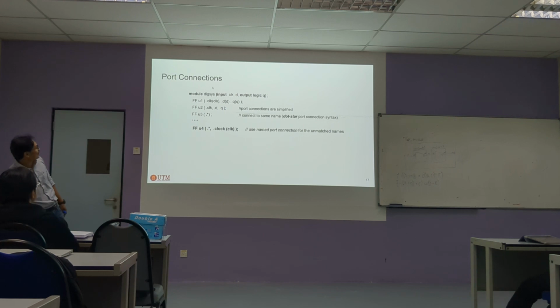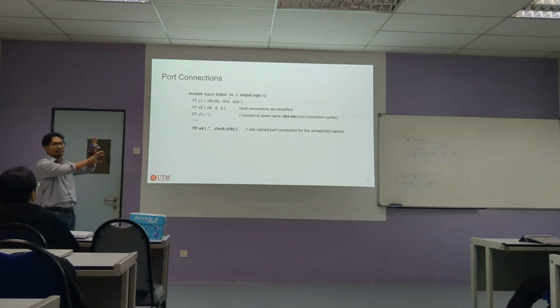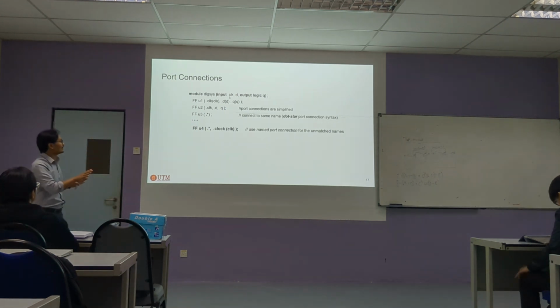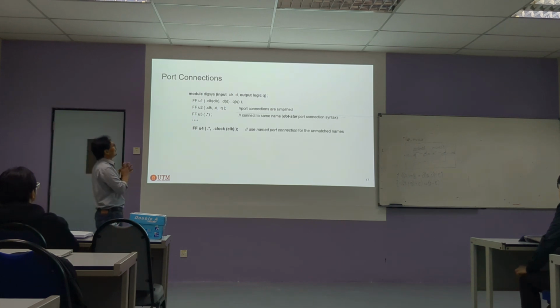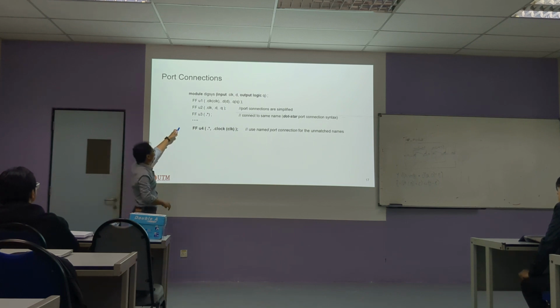So the name here is CLK dia akan match this. Okay, dengan syarat, with the condition that the name of the top module and the name of the FF, the instantiating module, is the same.